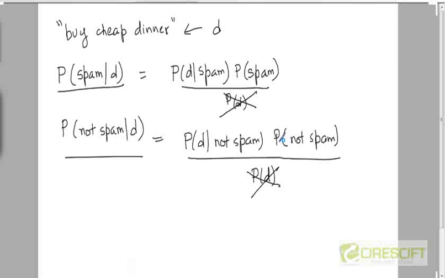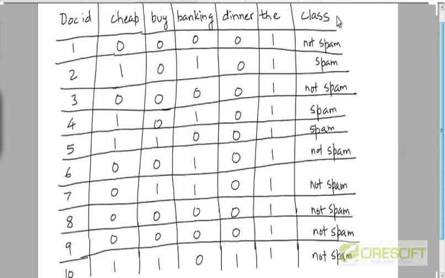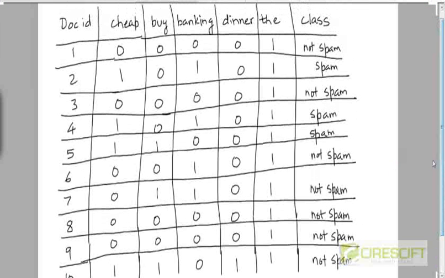That's all that matters. Now what is the prior probability of the spam class and the not spam class? Look at this table.